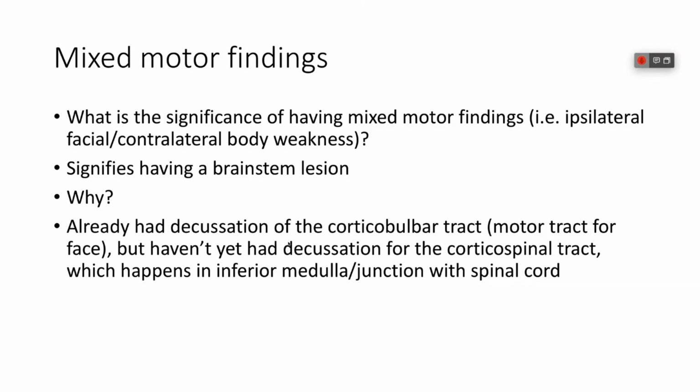So if I hit the motor tract for the corticobulbar tract, which is the motor for the face, I would have ipsilateral loss for the face, but I would have contralateral loss for the body. Does that make sense?